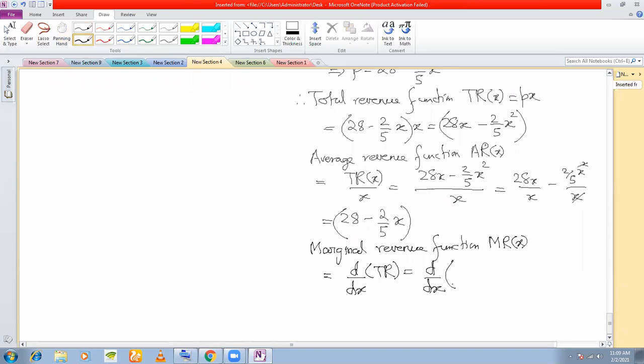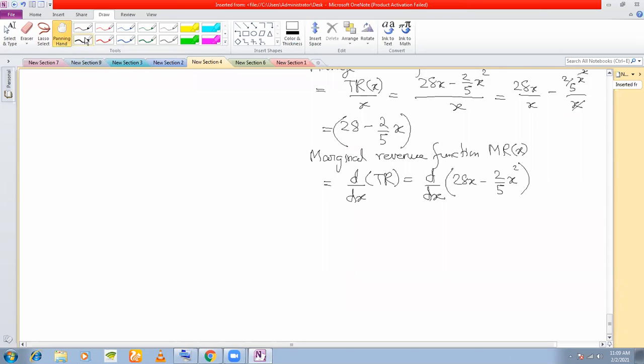Total revenue is 28x minus 2 by 5 x square. Okay. Now you differentiate. So you get 28 minus 2 by 5 into 2x, right? So you get 28 minus 4x by 5. Clear? This is the marginal revenue. That's it. That finishes this question.